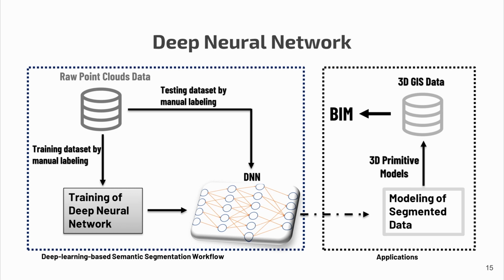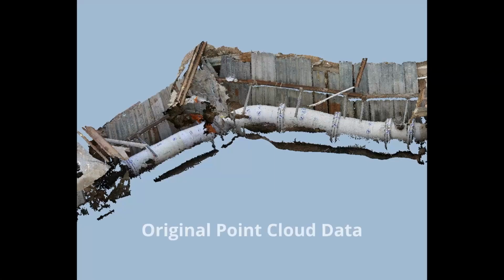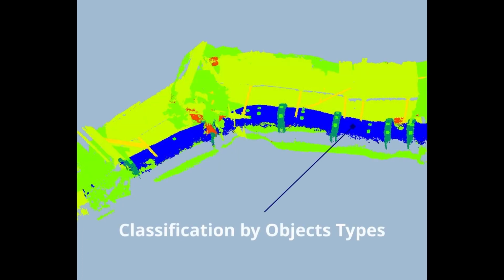For example, in the underground point clouds of pipeworks, the technician will tell you which points belong to pipes, pipe fittings, valves, or even the connections. It's up to what classification or categories you have designed.